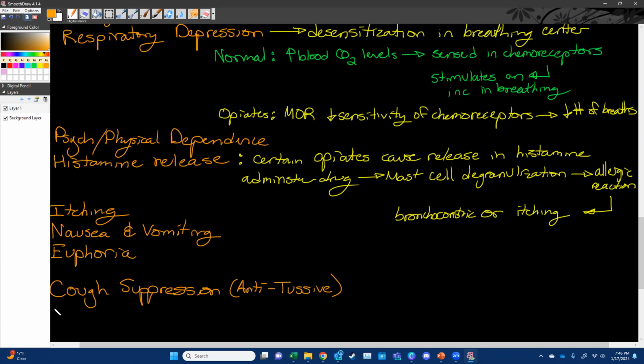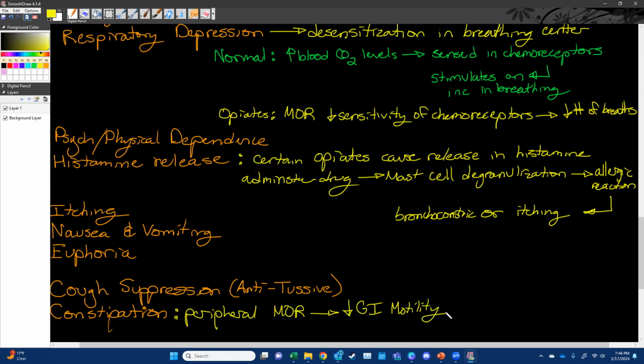The other C that we have is constipation, loads and loads of constipation. Where this is coming from is that peripheral mu opioid receptors are decreasing GI motility, and they're decreasing it significantly. A decrease in motility leads directly to constipation.